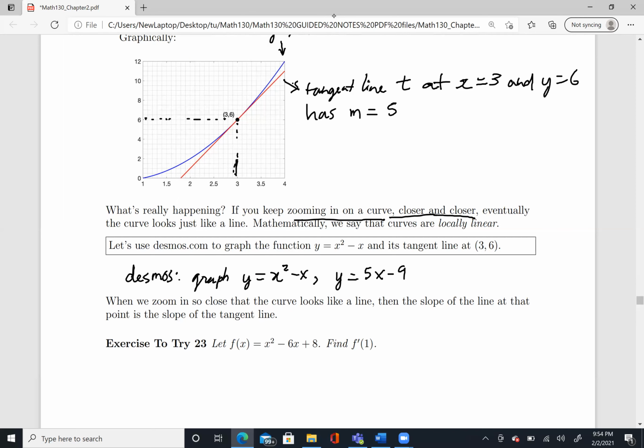This is going to be the tangent line at 3, 6, and then try to zoom in. You can go ahead and try it first.